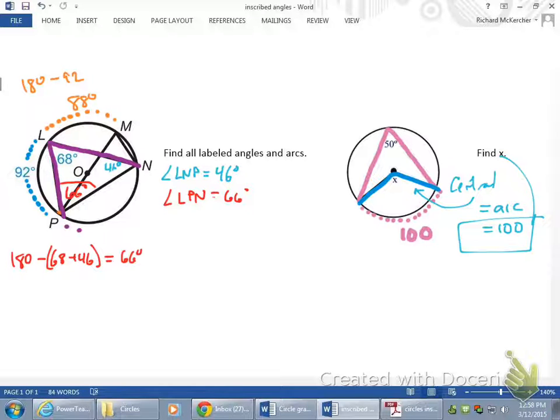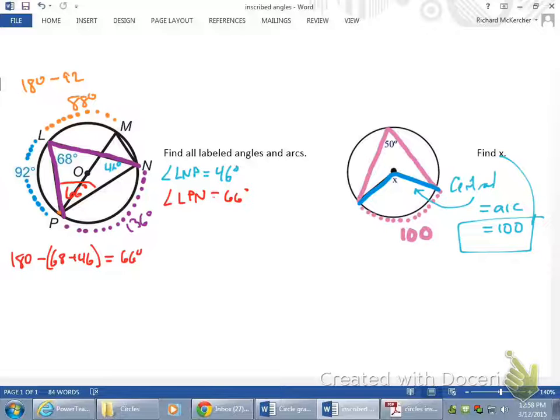In purple, I can see angle NLP is 68 degrees, and it creates arc PN. Well, NLP is an inscribed angle, so if I do twice that, I can get the arc, which is 136. Again, I'm trying to figure out all the little pieces.